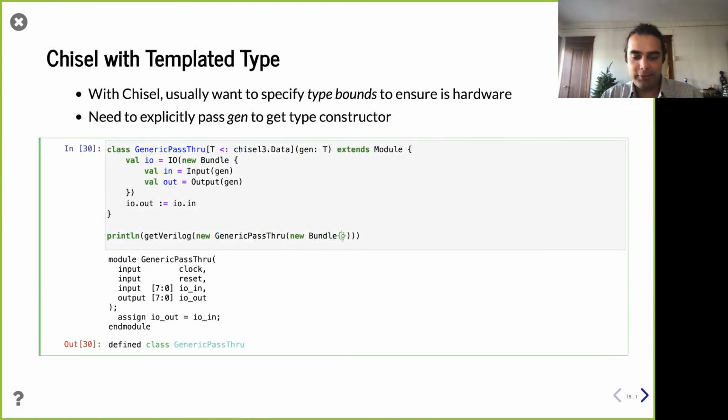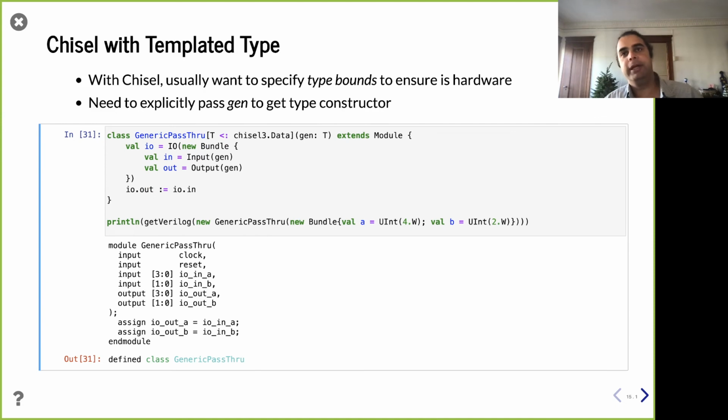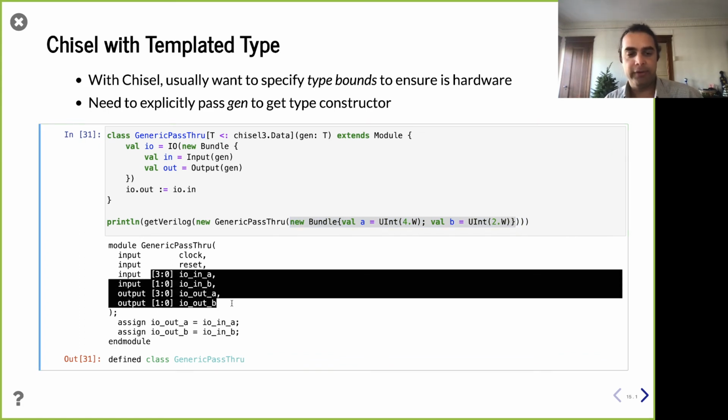We can say A is going to be a UInt that's 4 wide, and maybe we'll have a B that is 2 bits wide. Boom, right? And so it did do a templating, where here we have a new type. In this case, it's an anonymous bundle, and it does the stuff for us behind the scenes.